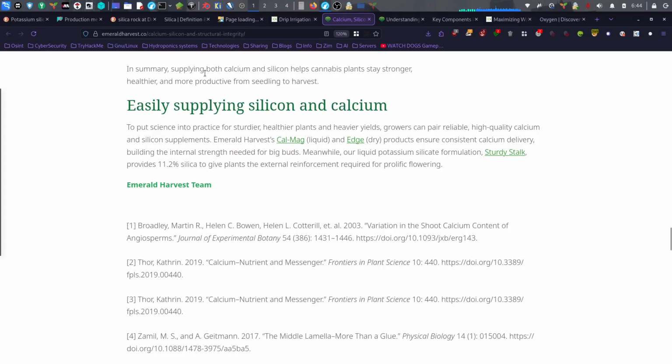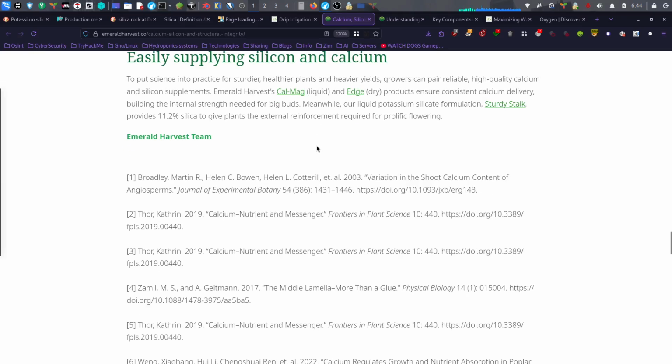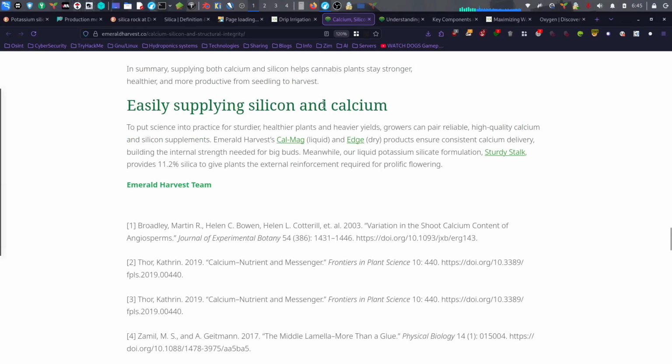In summary, supplying both calcium and silicon helps plants stay stronger, healthier, and more productive from seedling to harvest. Easy supplying of silicon and calcium. To put science into practice for sturdier, healthier plants and higher yields, growers can pair reliable, high-quality calcium and silicon supplements.